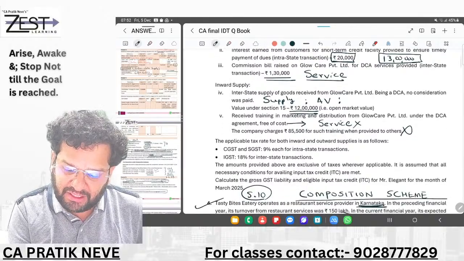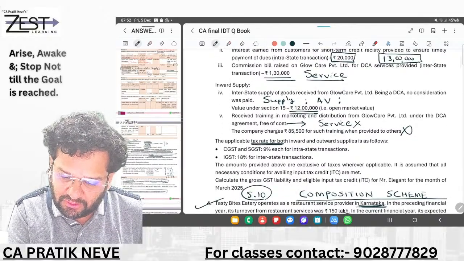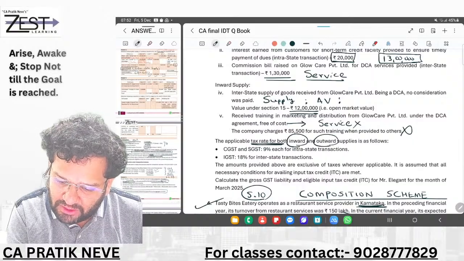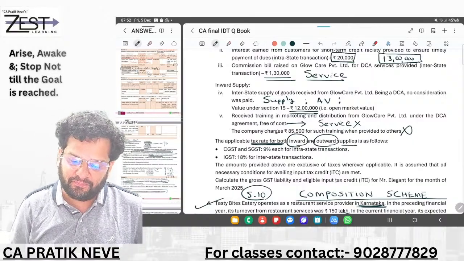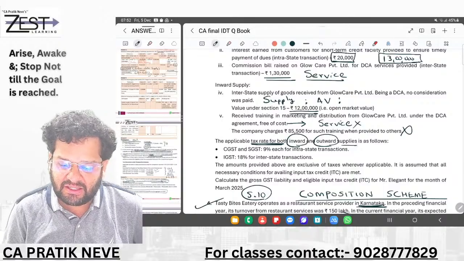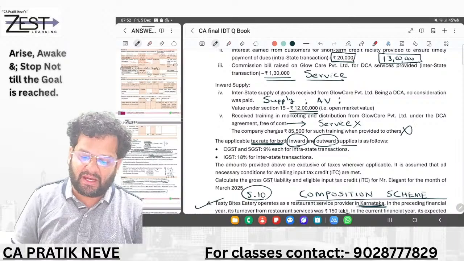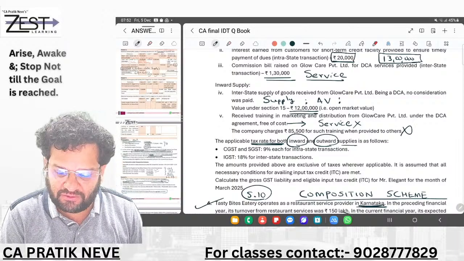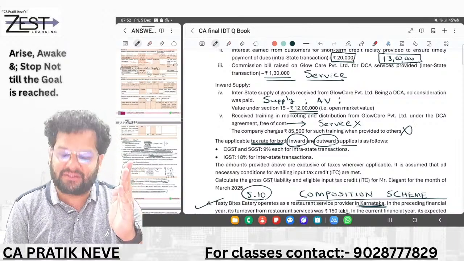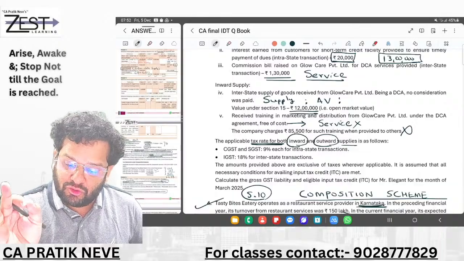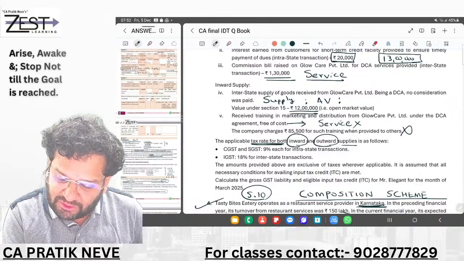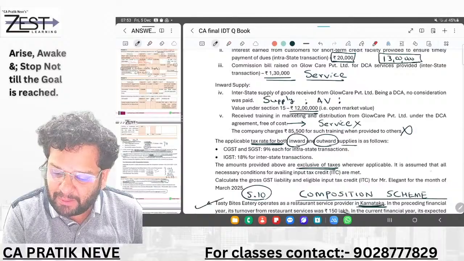Now, the applicable tax rate for both inward and outward supplies is as follows. CGST and SGST at 9% each for intrastate transactions and IGST 18% for interstate transactions. The amounts provided above are exclusive of taxes wherever applicable.